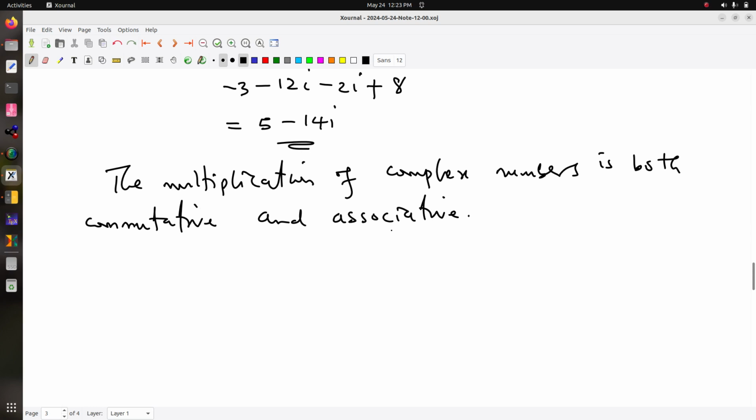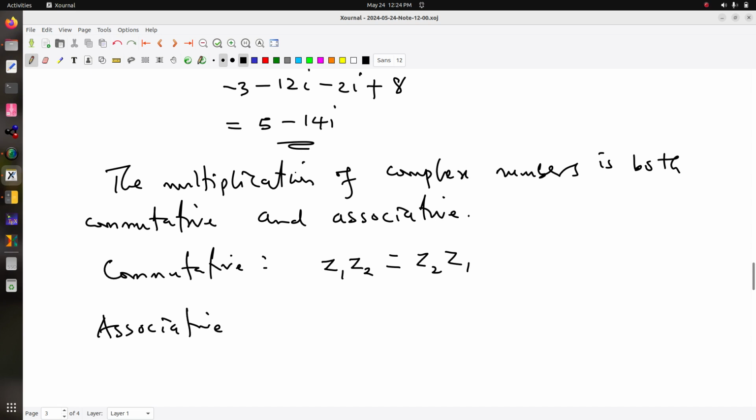Okay, so what do we mean by commutative? Commutative means that if you find the product of z1 and z2, it is the same as finding z2 multiplied by z1. It's the same. So this is commutative.